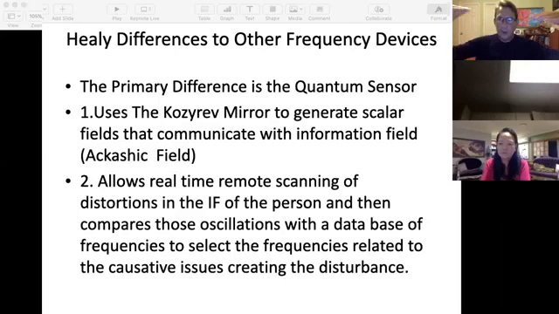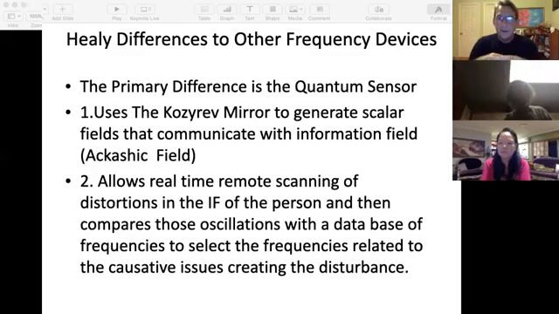When two waves come in that are not coherent, they cause an interference pattern, which creates friction and then a distorted energy flow. So we're trying to identify where those distortions of energy flow are occurring in our emotional field and in our mental field. Our mental field relates to our thoughts and our beliefs.